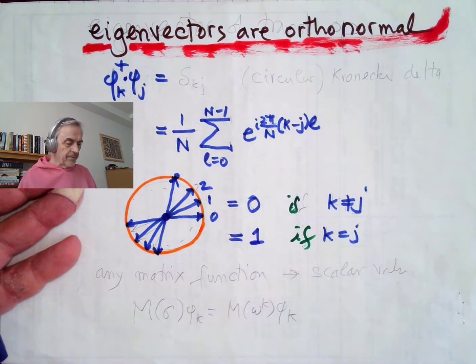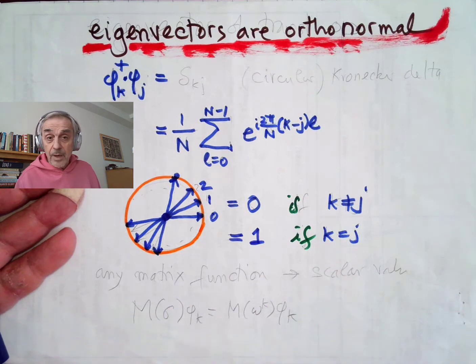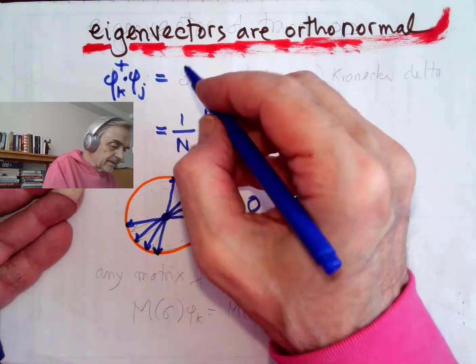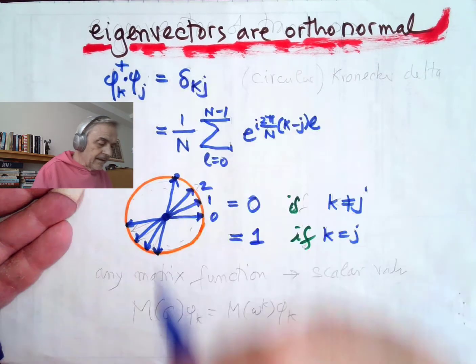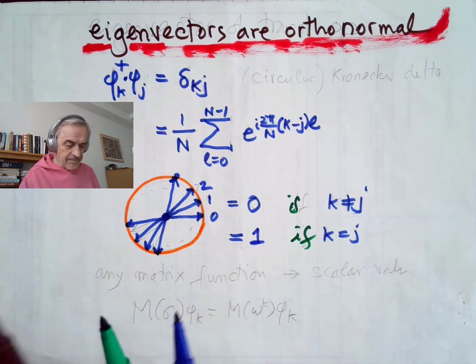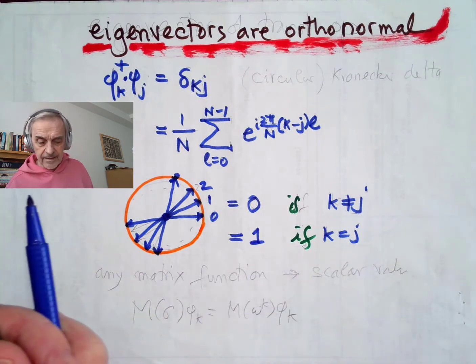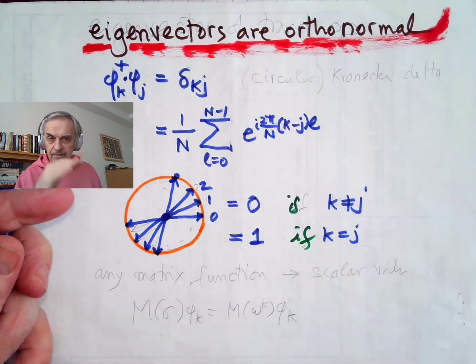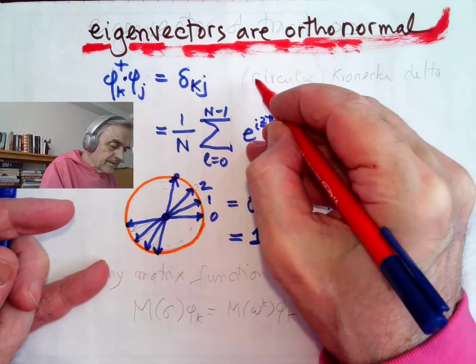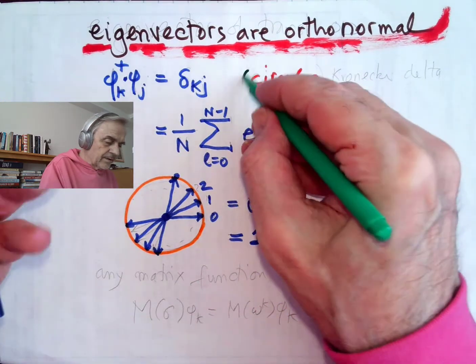In other words, this is one possible definition of the Kronecker delta function. If k and j are the same, then we get 1. If they're different, we get 0. But notice this is intrinsic to periodic problems. This is really a circular Kronecker delta.